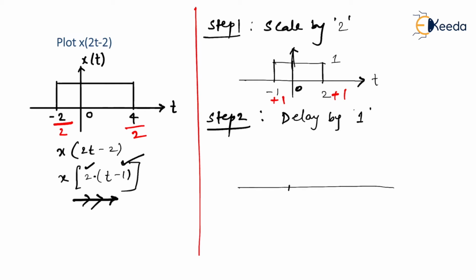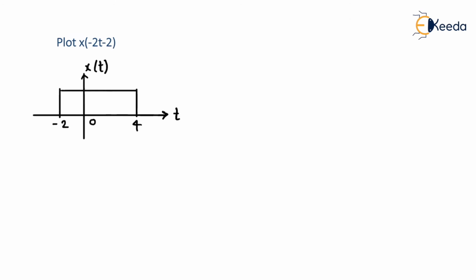So our signal is supposed to start at 0 and it is going to end at 3. It will have the same height because height is not going to change. Right? So I'm sure you understood this approach.